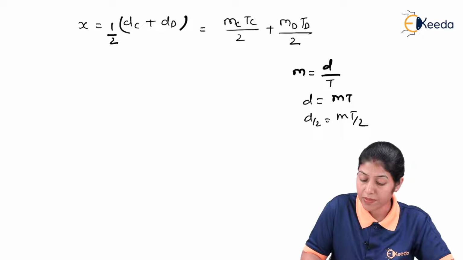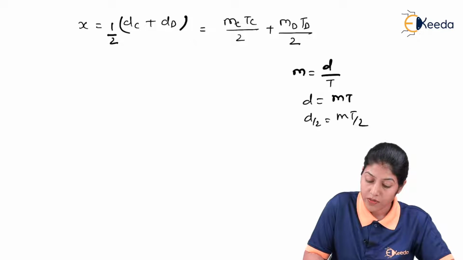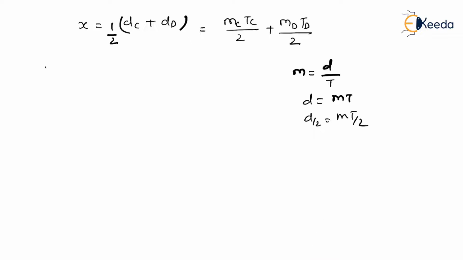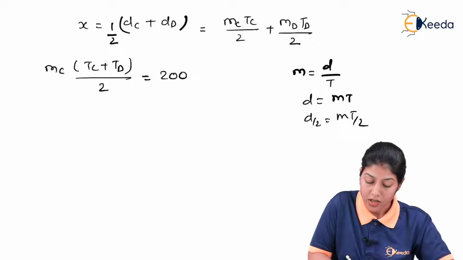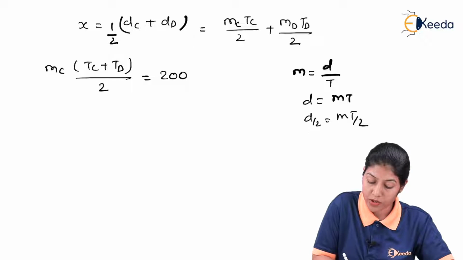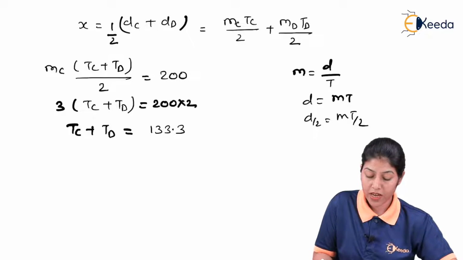Now here we have MC and MD equivalent. So here we will take this value common, and the X value we have is 200. So this equation we have, now we will put the value of MC.